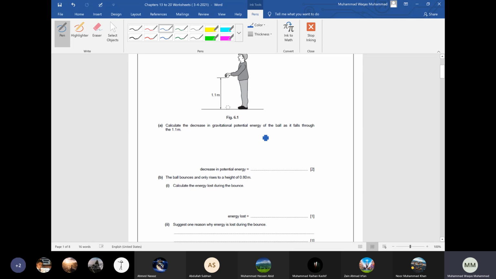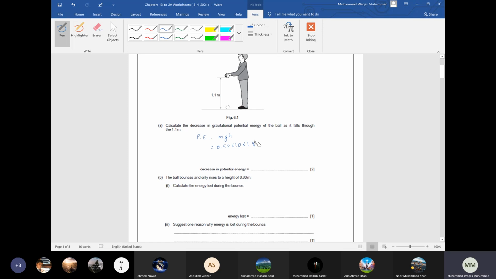Calculate the decrease in gravitational potential energy of the ball as it falls through 1.1 meter. So beta, we know it is mgh, so that is 0.5 into 10 into 1.1, which is 5.5 joules. Very good, beta. Shabash. mgh: mass of the ball is 0.50, value of g is 10, h is 1.1.